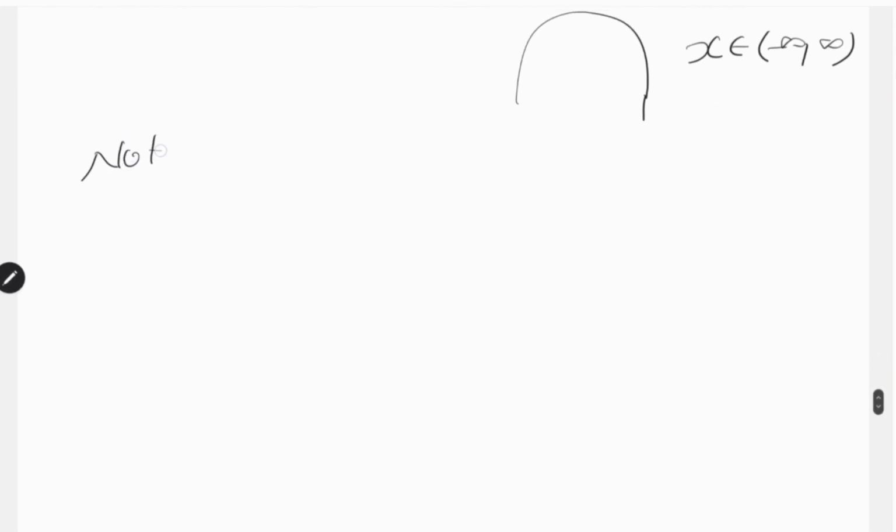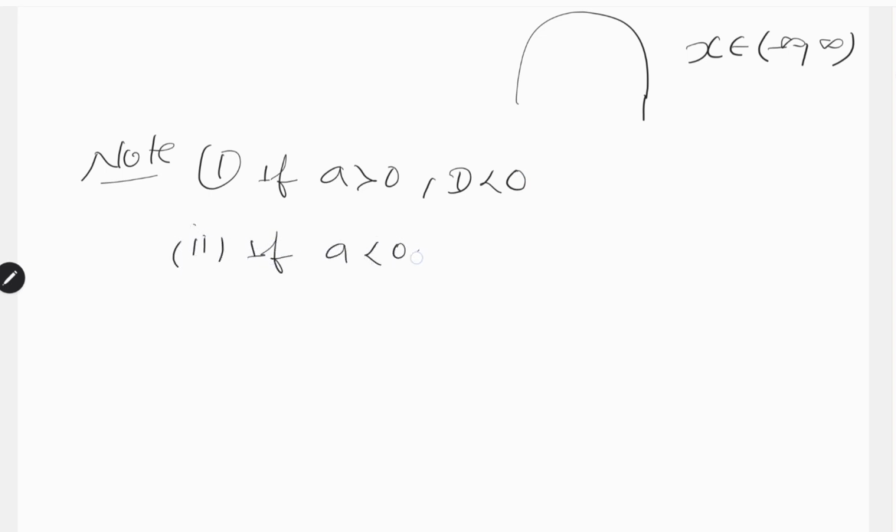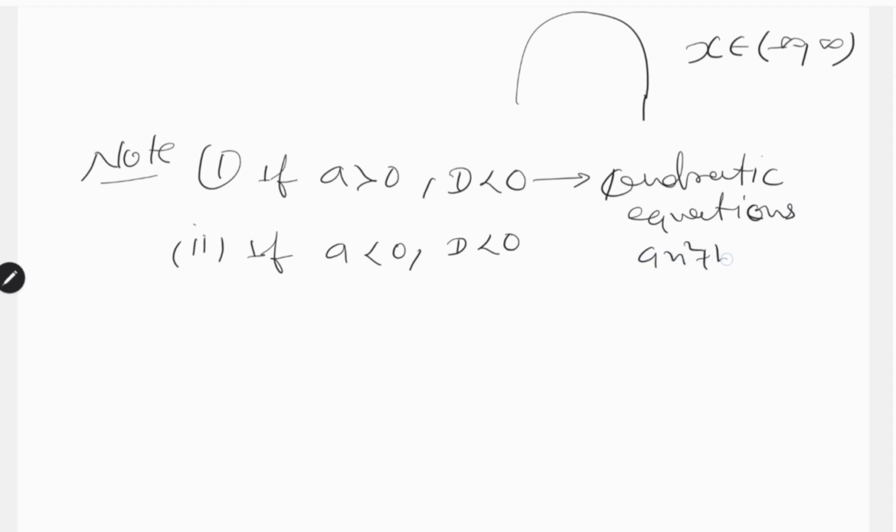Note: if A is greater than 0 and D is less than 0, and the second condition, if A is less than 0 and D is less than 0, then we call the quadratic expression ax square plus bx plus c always greater than 0, that means always positive.